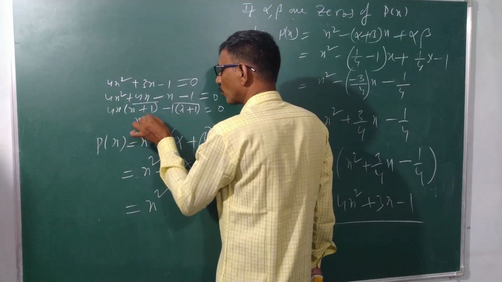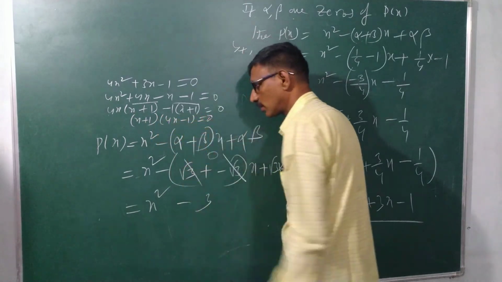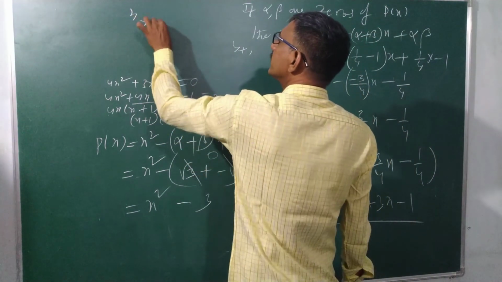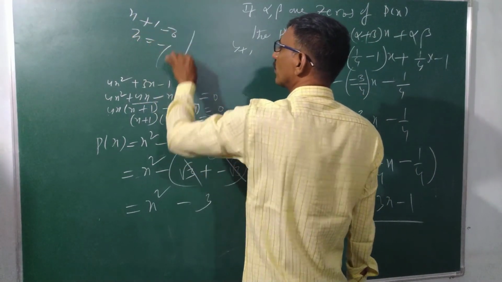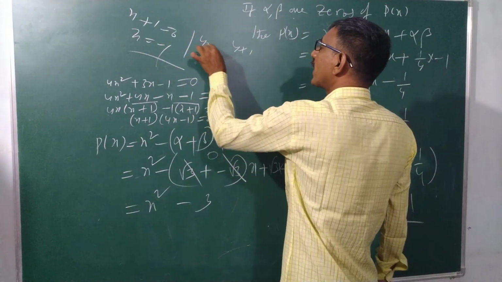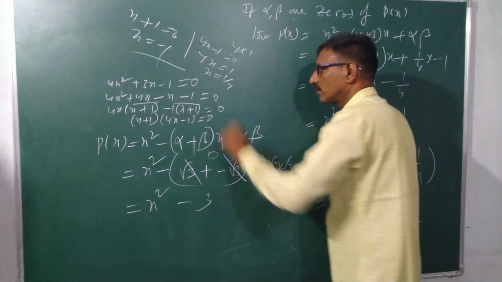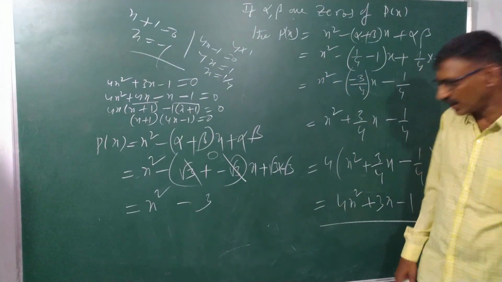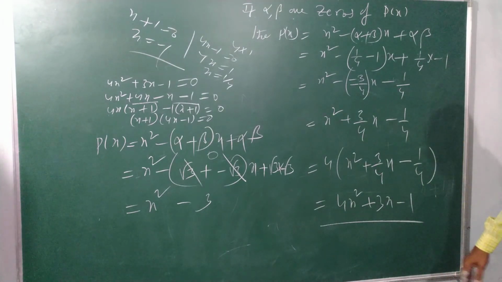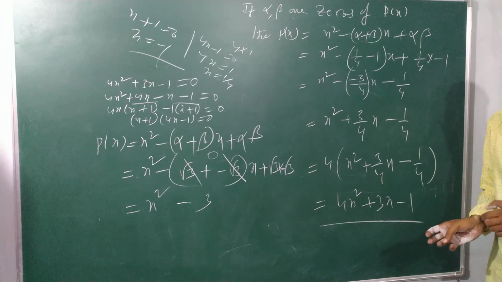We'll get x plus 1 common. Then we have 4x minus 1 is equal to 0. The product of two terms is 0. Then x plus 1 is equal to 0, x is equal to minus 1. Yes, I got. 4x minus 1 is equal to 0, 4x is equal to 1, x is equal to 1 by 4. My zeros are the same. Even you modify with 4, this one modified with 4. Finish.